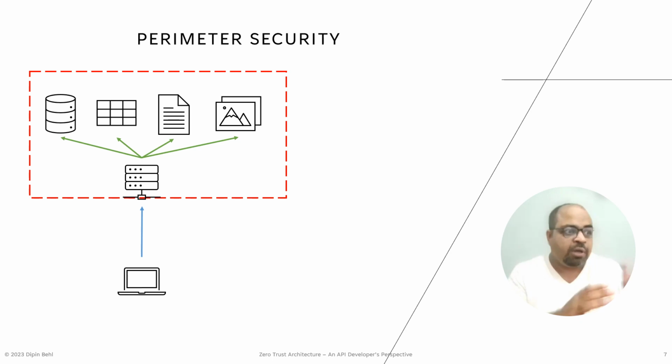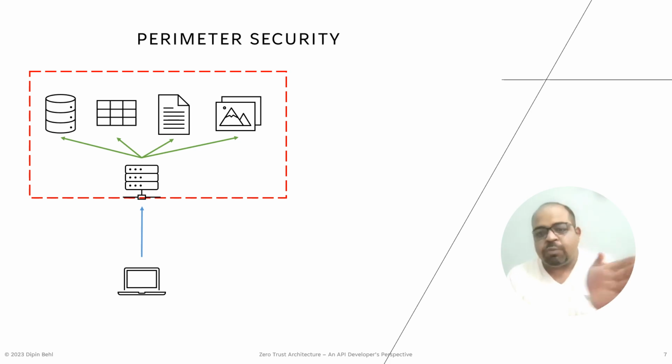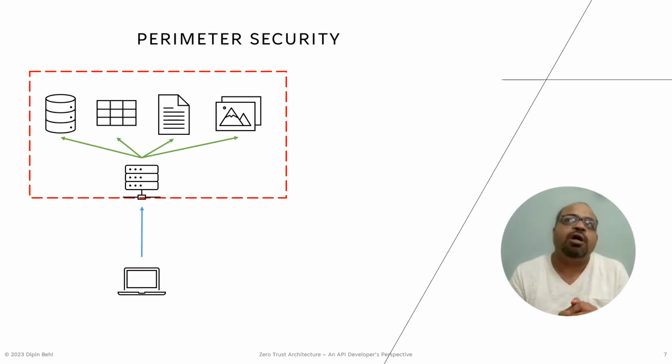If you think about it, let's say somebody breaches that perimeter and gets into one of the areas. Now he's free to roam around in every aspect. This sounds like how Troy was taken using the Trojan horse, and we want to protect against that.